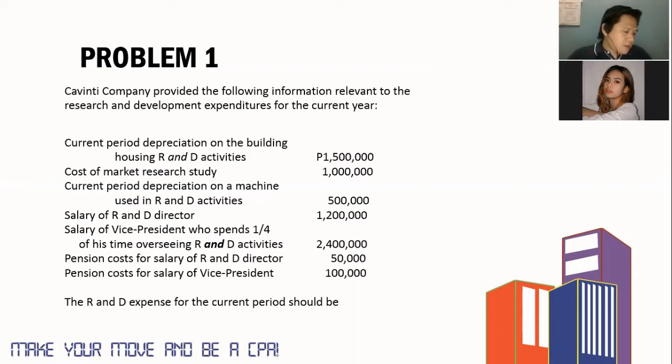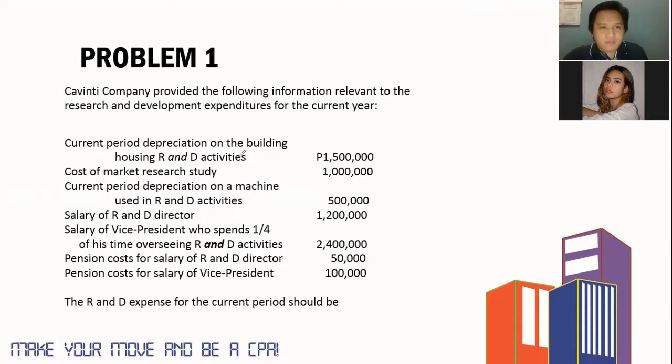Okay? Now we have what? 1, 2, 3, 4, 5, 6, 7. Out of these 7 items, which of the following are includable for research and development expense? Okay? Now, let's check every item.